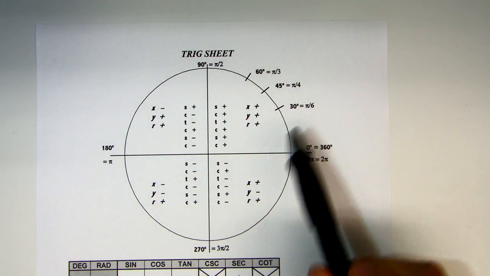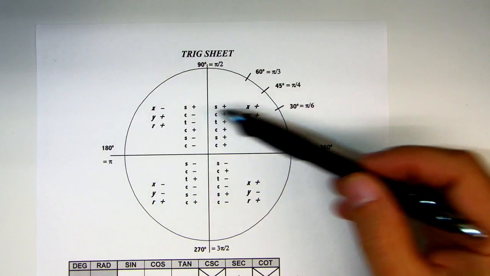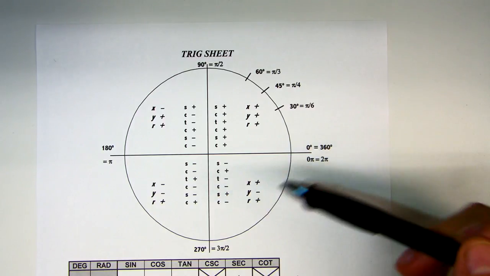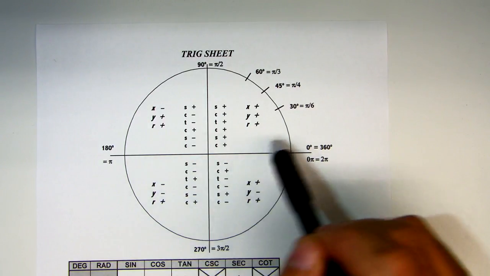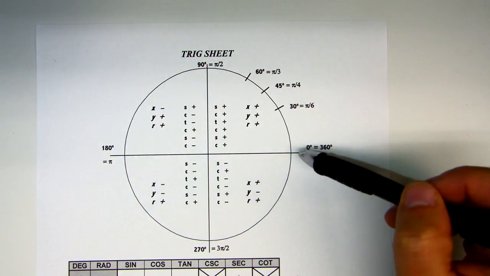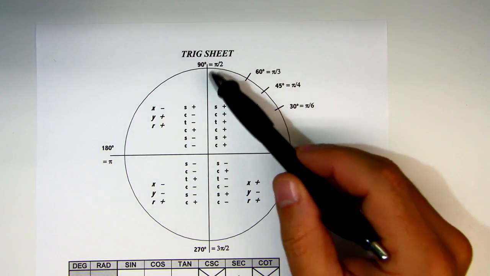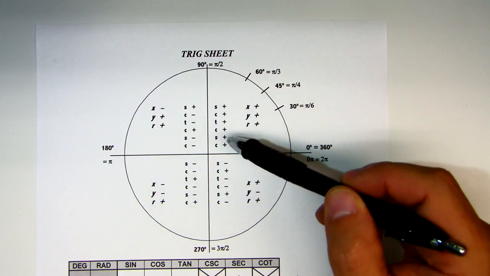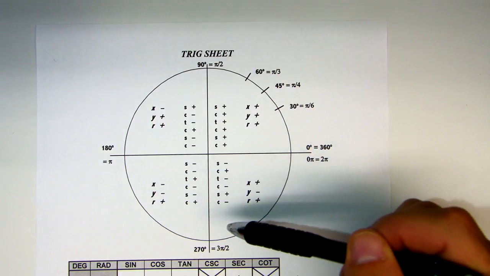Okay. Now, the way I remember it to help me keep track is I associate y with sine and cosine with x. So if you think of the Cartesian coordinate plane, where y is positive, sine will be positive, and where y is negative, sine will be negative.